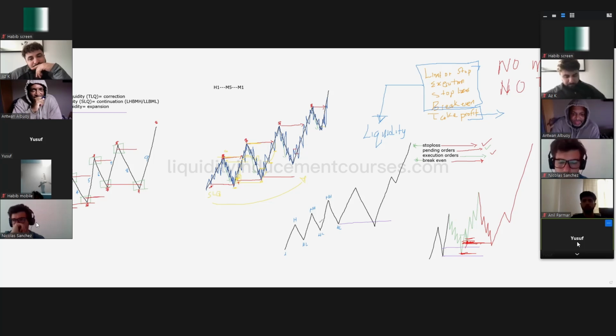If you took a screenshot of what I taught earlier, internal and external structure, you would notice that almost each time we had inducement, price makes an even longer push. When price takes inducement, it tends to expand more than the normal structural push. That's why it is the liquidity for expansion.